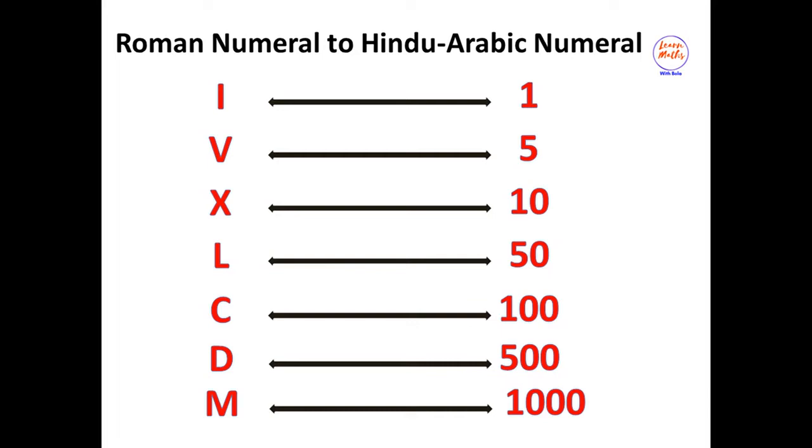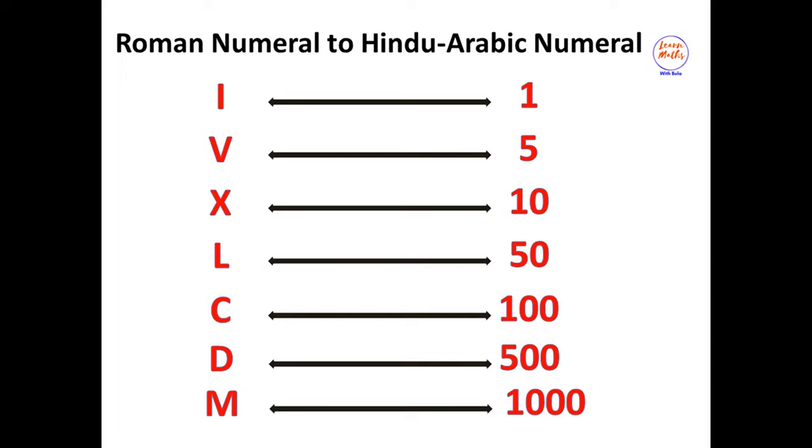So the Roman numerals are I, V, X, L, C, D, M, and the Indo-Arabic numeral equivalent is on the other side.